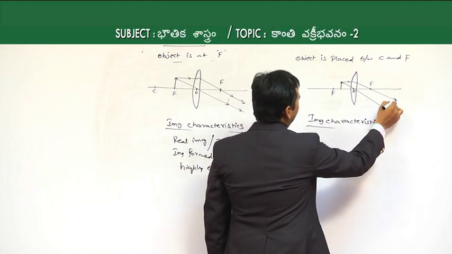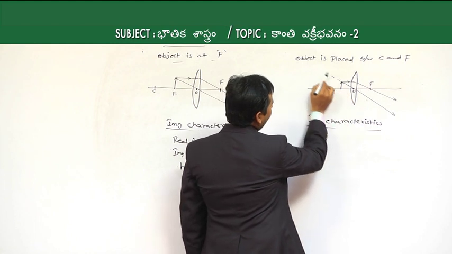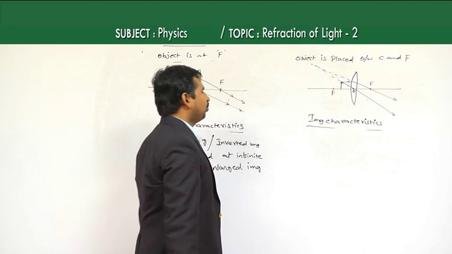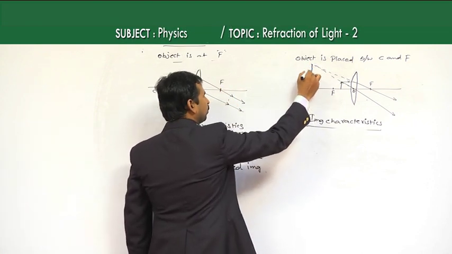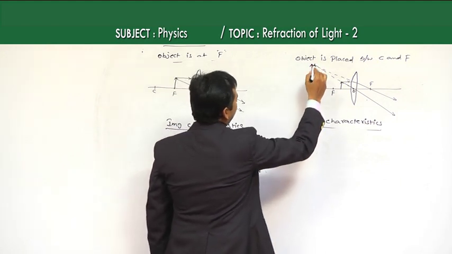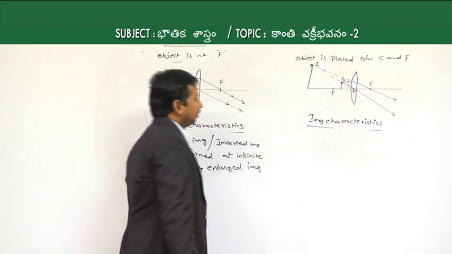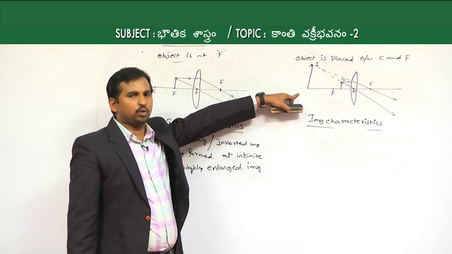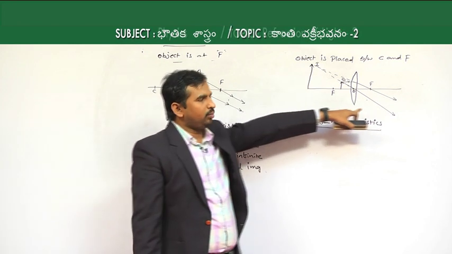Now if you see, both the light rays appear to be diverging. So if you extend them backwards, both the light rays are going to meet at a point which is before the lens. So this is our image and this is our object. For the first time here the convex lens is forming a virtual image, because the light rays are not really meeting at a point.